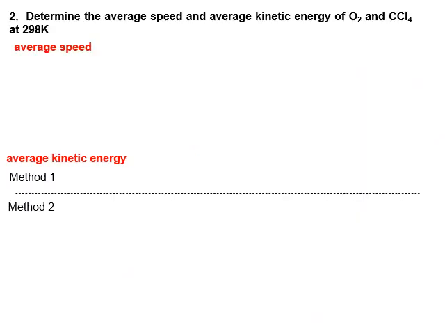Question number 2. Determine the average speed and average kinetic energy of oxygen and carbon tetrachloride at 298 Kelvin. To calculate the average speed, all you need to do is go to the lecture notes and find this equation.